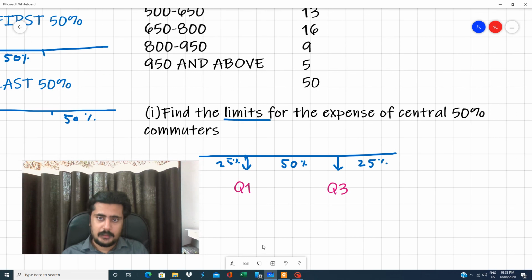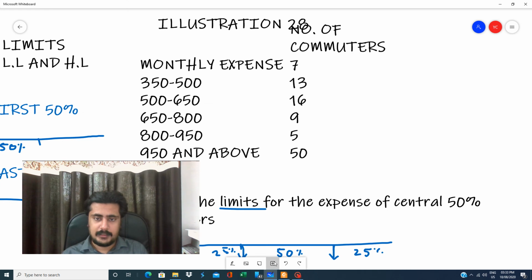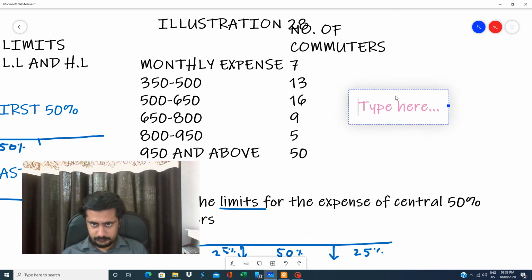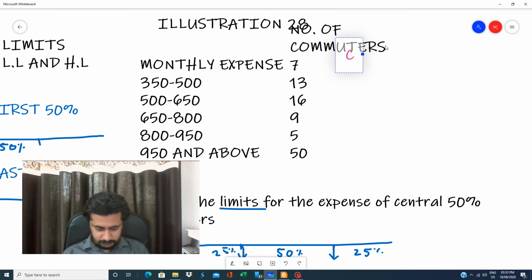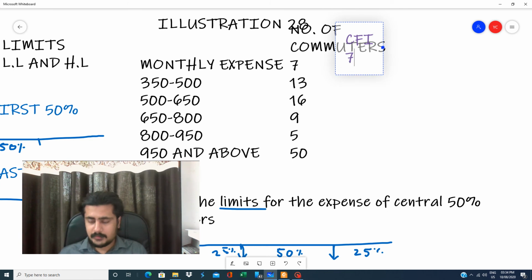To find Q1 and Q3, you will need the help of CFI. So let us find CFI. 7, 20, 36, 45, and 50.